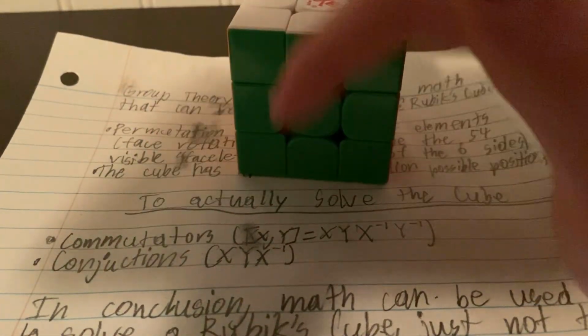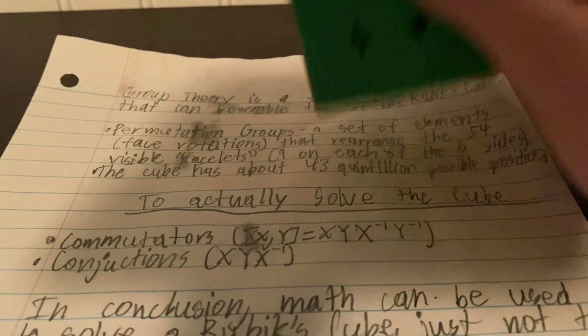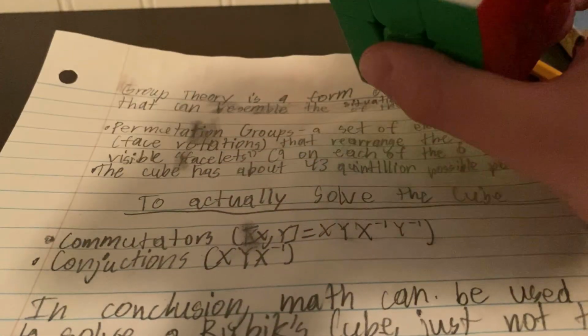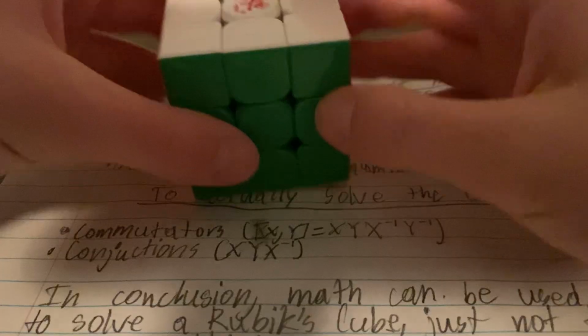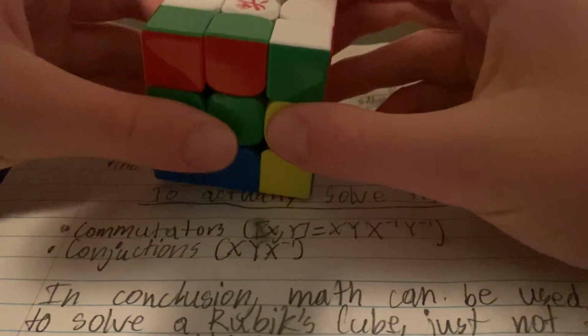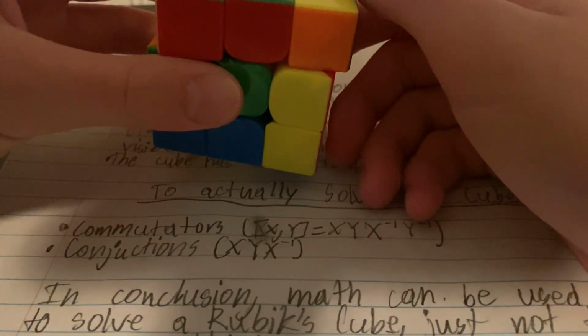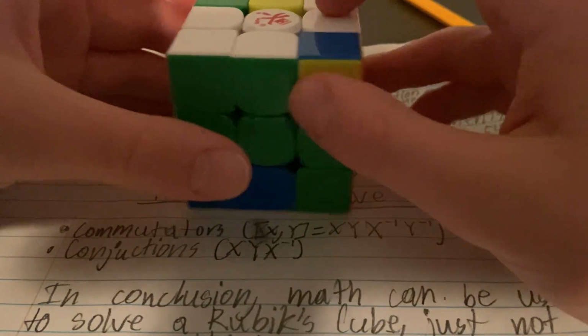There are also conjugates, which is x, y, x inverse. If you already know the commutators I just showed, then you would know that if we do x, which is R, U, R prime, and we do y, R prime, D prime, R, and we do x inverse, R, U prime, R prime, then that would be a conjugate. Again, this doesn't really do anything necessary for solving the cube.